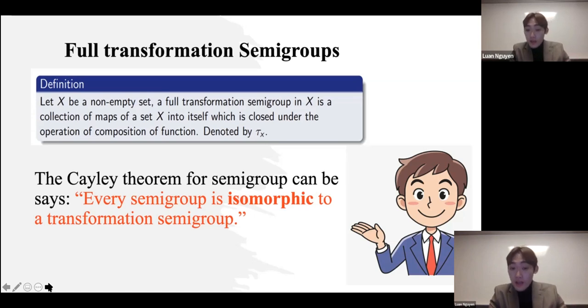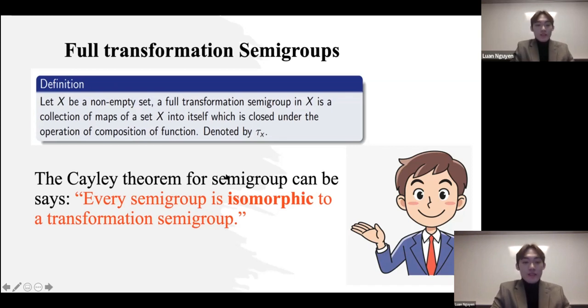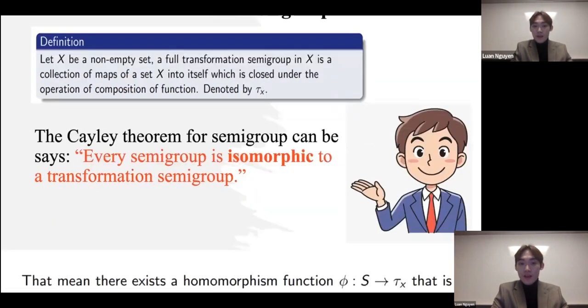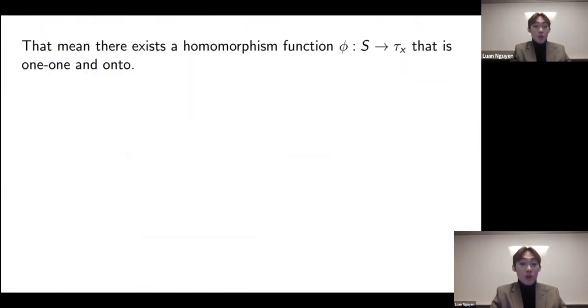Now the other word I need to deal with is isomorphic. When I say every semigroup is isomorphic to a transformation semigroup, that means there exists a homomorphism function from the semigroup S into the full transformation semigroup tau S that is one-to-one and onto.